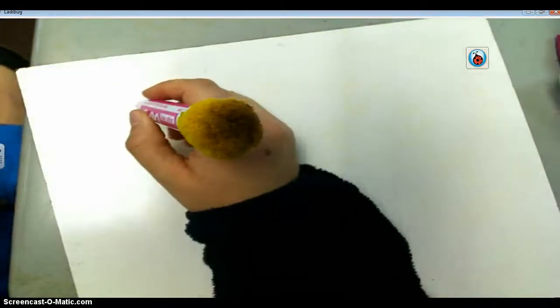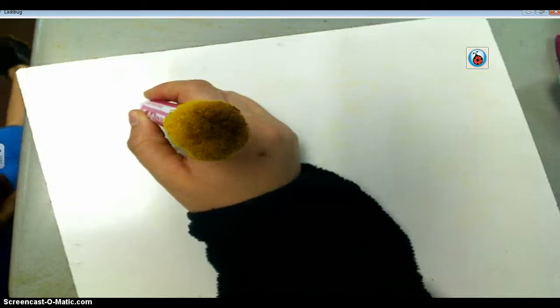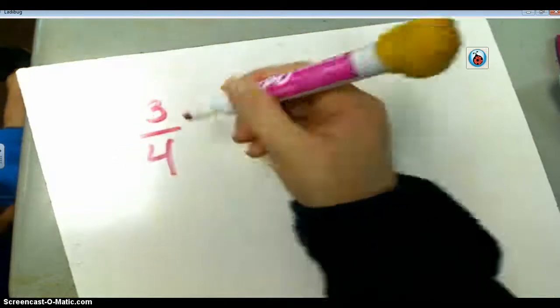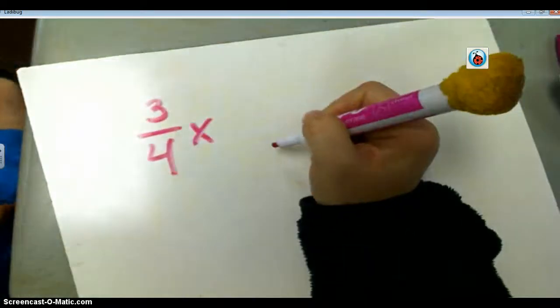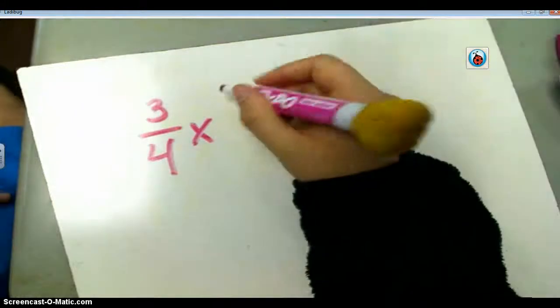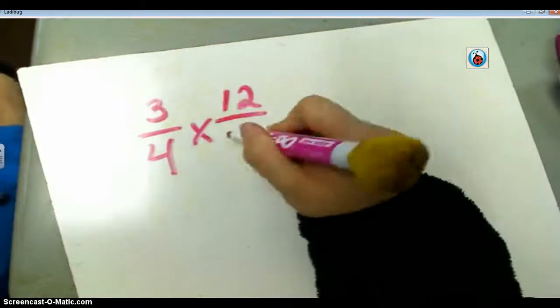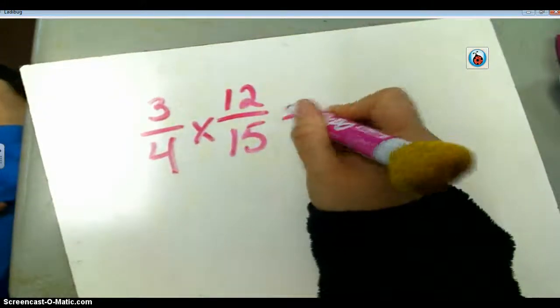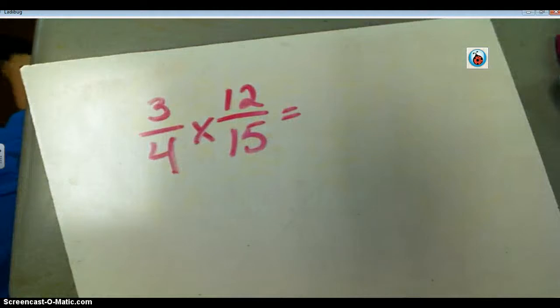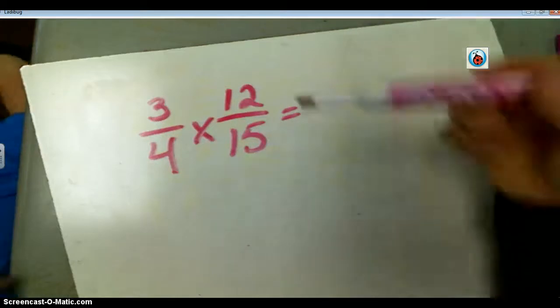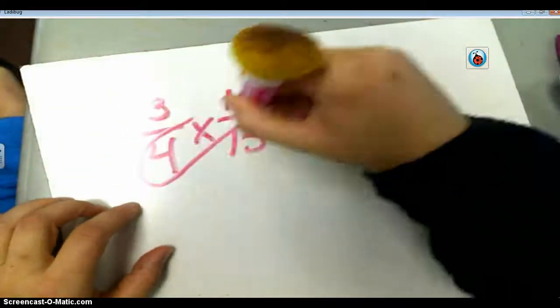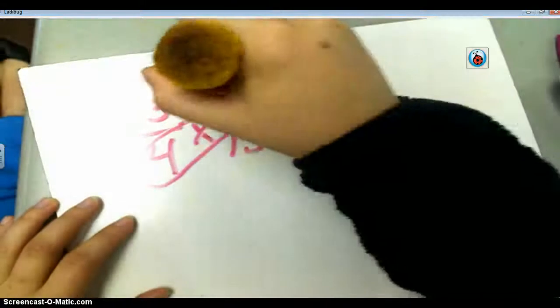So if I have 3/4 times 12/15, this is what I'm going to do. I'm going to look at these two numbers, and I'm going to look at these two numbers.